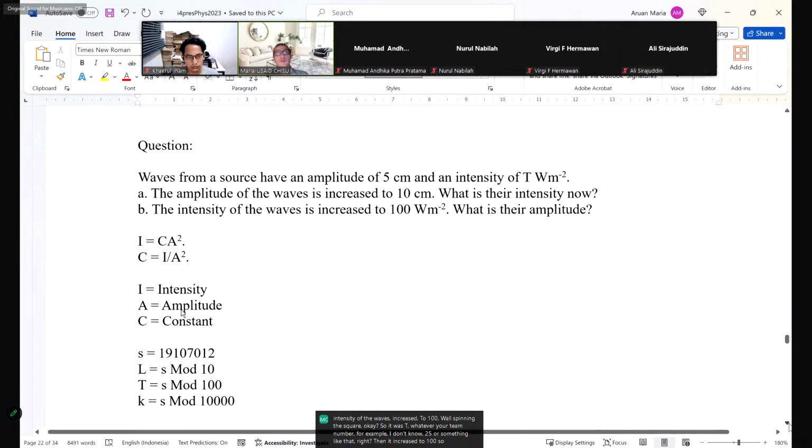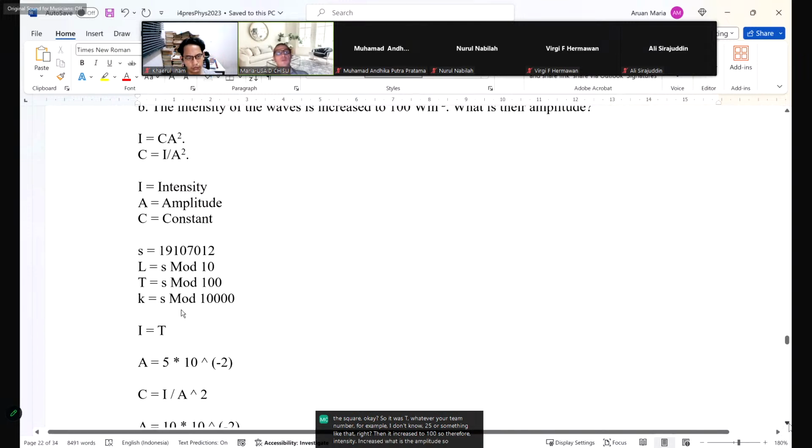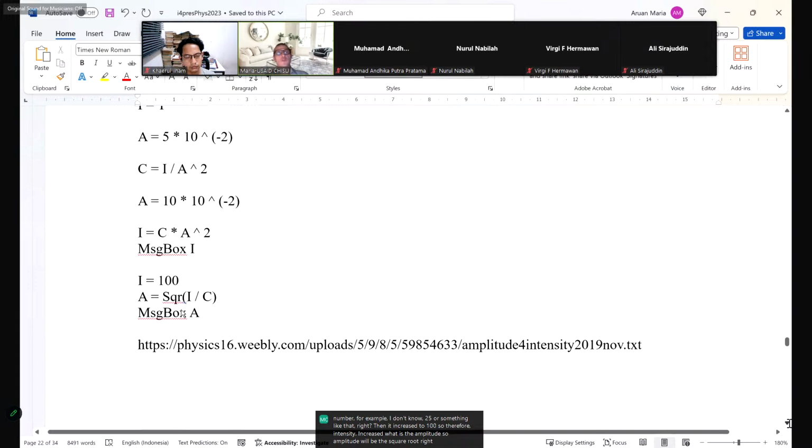So therefore, the intensity increased. What is the amplitude? So the amplitude will be the square root of the intensity divided by the constant from the equation. We know the intensity, we know the constant. So the amplitude will be the square root of intensity divided by the constant. Questions, please.